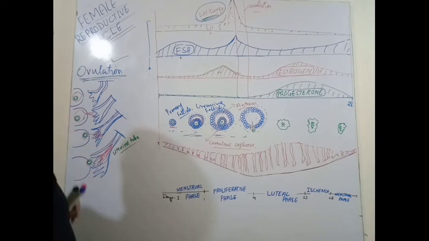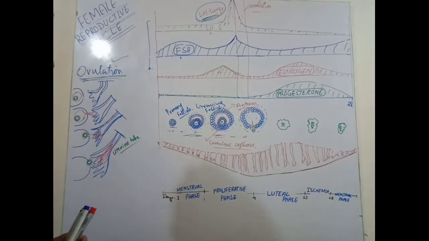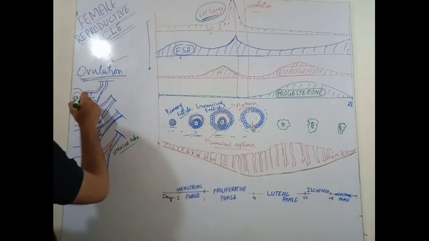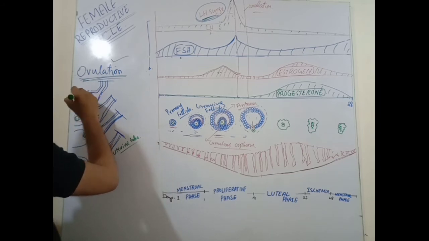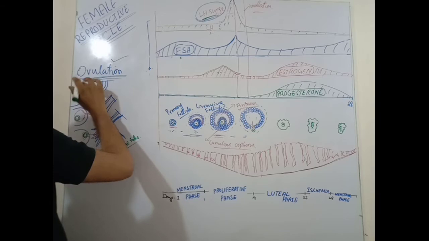Ovarian follicles, under the influence of FSH, produce a sudden growth spurt. This growth spurt is called stigma.